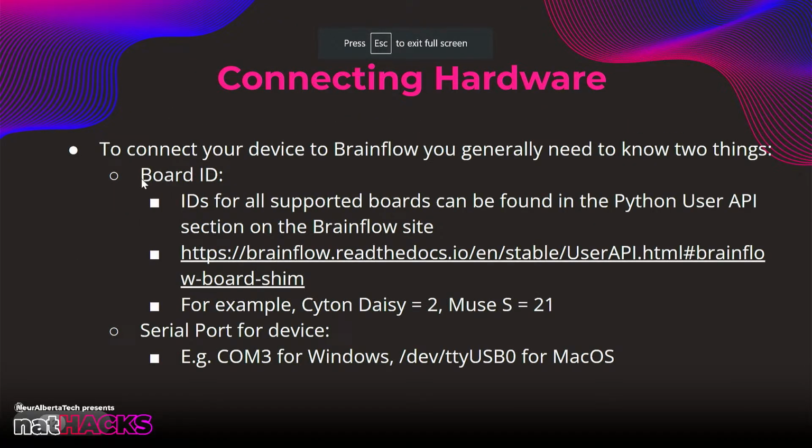And the second thing, which is a little bit trickier to find out, is the serial port that your device is connected to on your computer. On Windows, this will look like COM followed by some number. If you're on Mac or Linux, it'll look like /dev/tty followed by something.